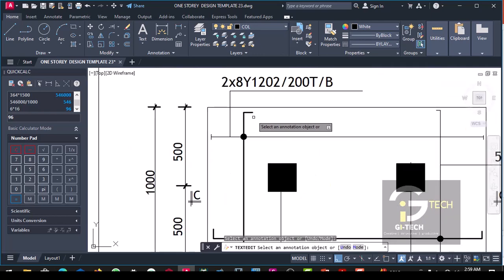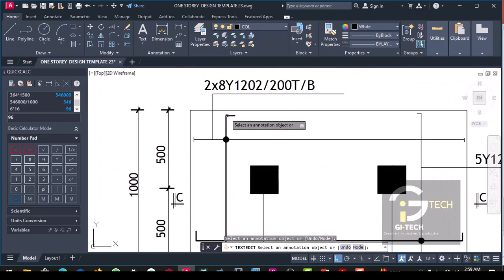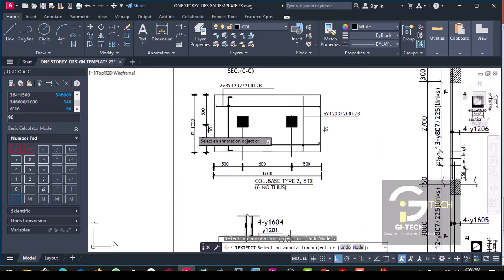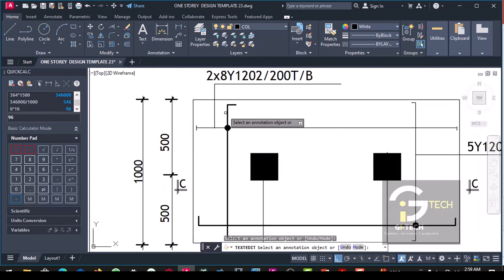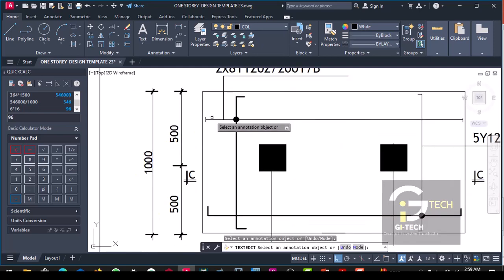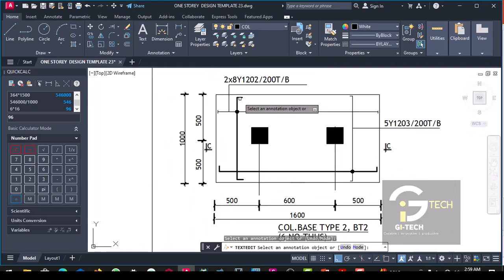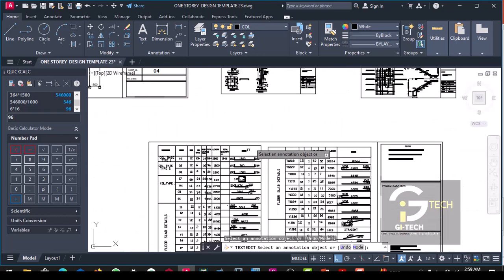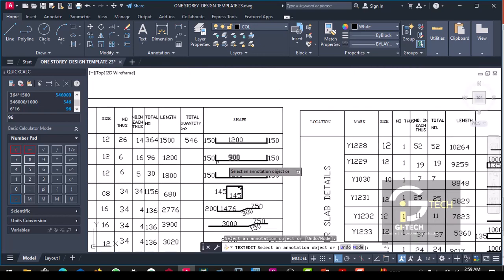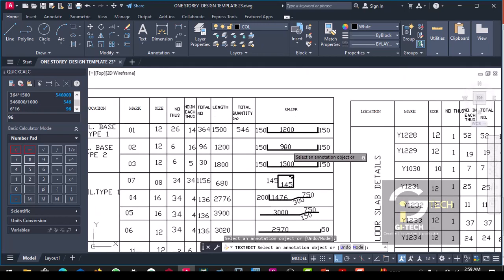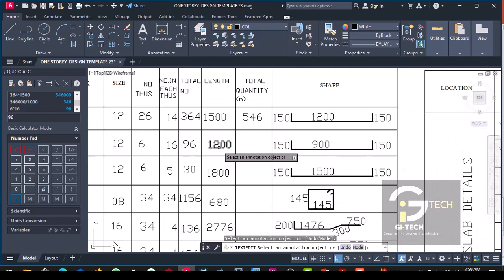So what is the shape? This is the shape of the reinforcement. As you can see, from here to here is 1000. Applying the 50 mm cover, by the time you subtract the 100 from 1000, we will be left with 900. That's why we have this 900. Then our normal bend up bar is 150. By the time you add this up, you will have 1200.